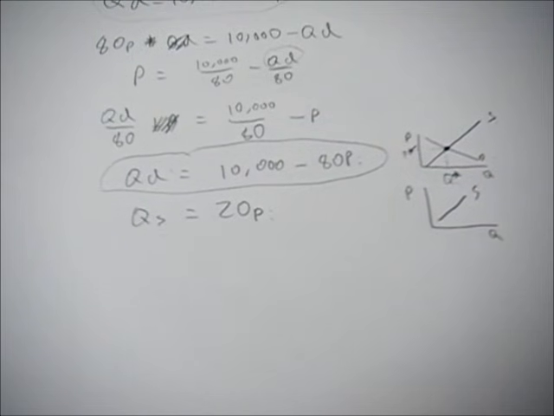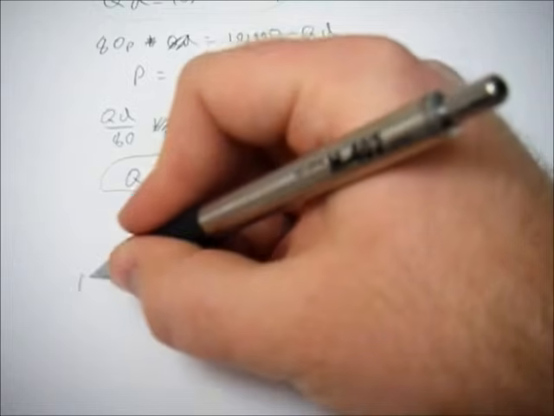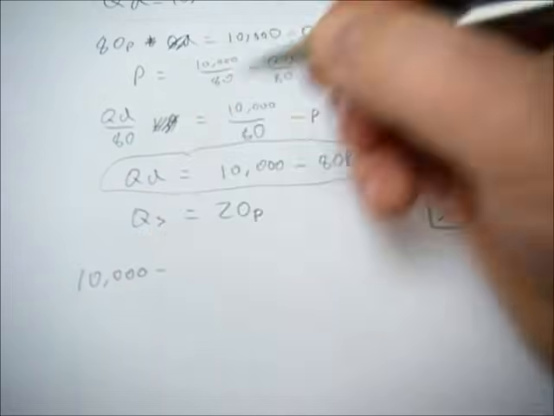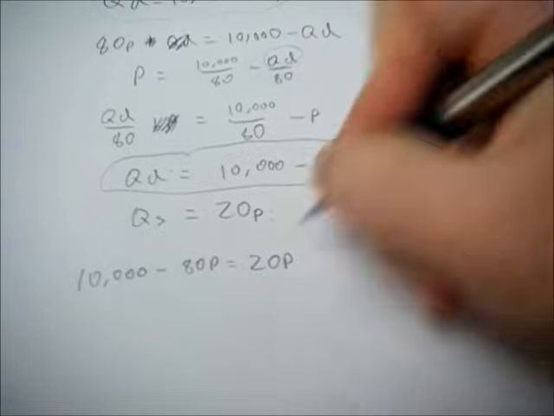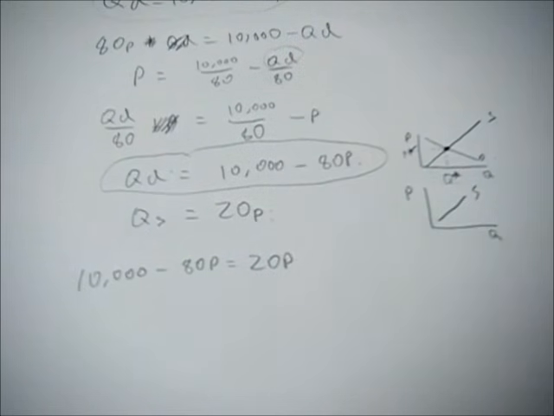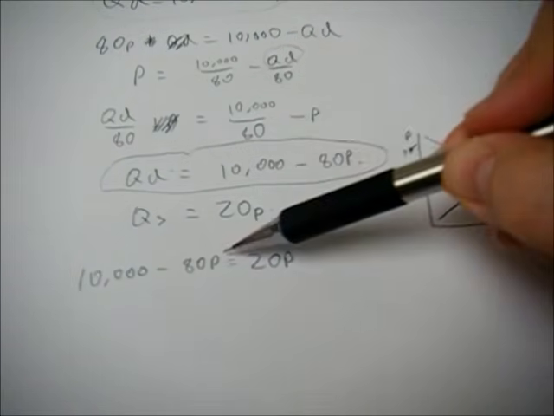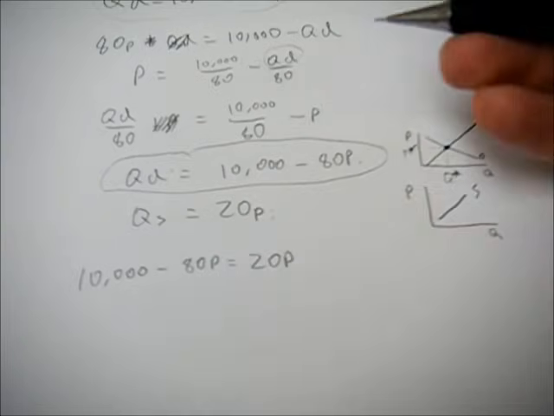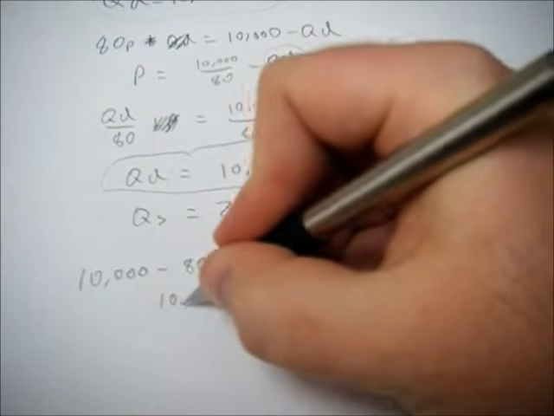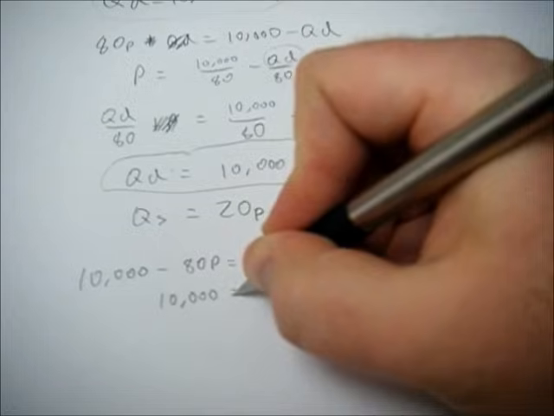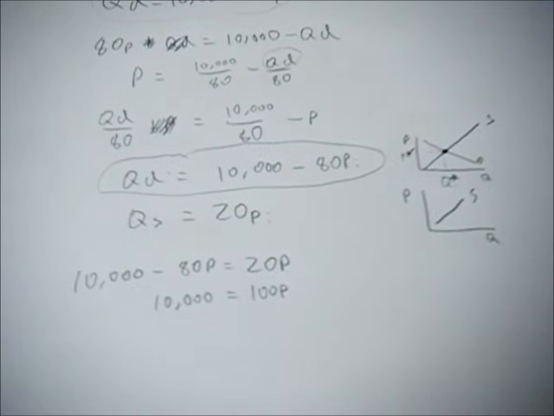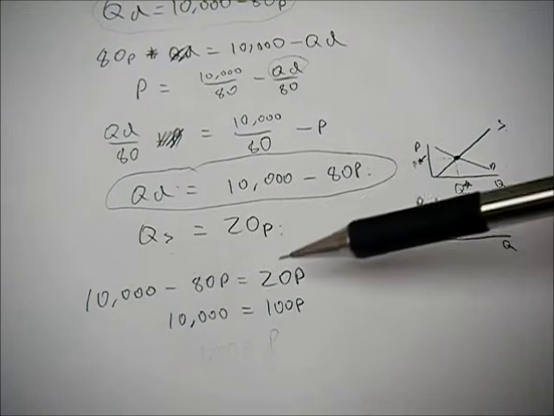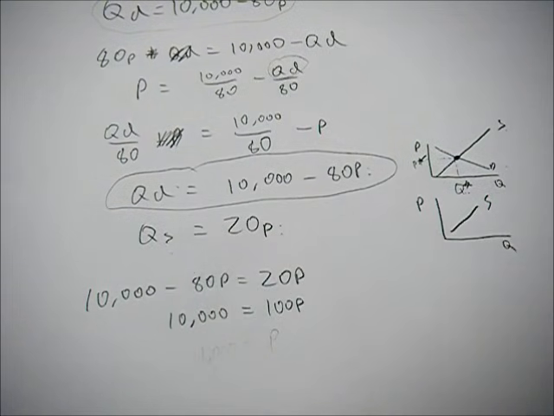So if we set those two guys equal to each other, we'll have 10,000 minus 80p equals 20p. Now we can add 80p to both sides, and we will get 10,000 equals 100p.